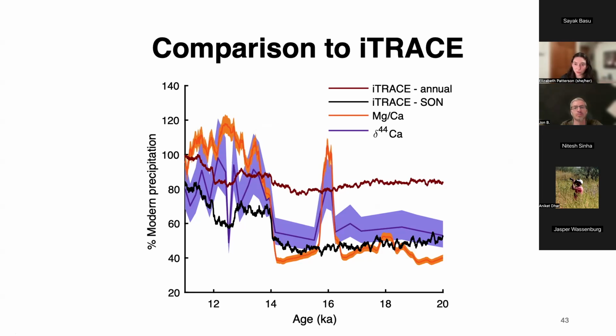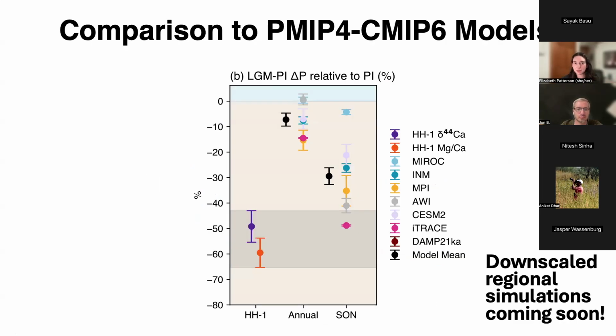So that's just one climate model. I also looked at the PMIP4, CMIP6 climate models. What I'm showing here is just the precipitation anomaly during the LGM. And again, I have my HH1 values here, which range from maybe 45% drying to 65%. If we look at the anomalies of annual rainfall from these climate models, they are pretty wet still.